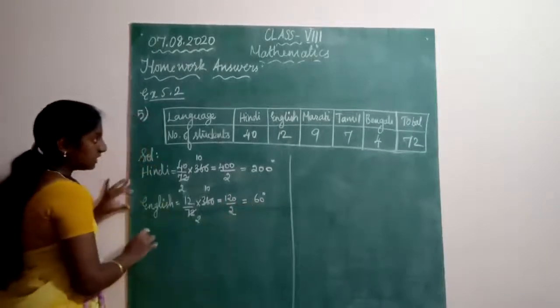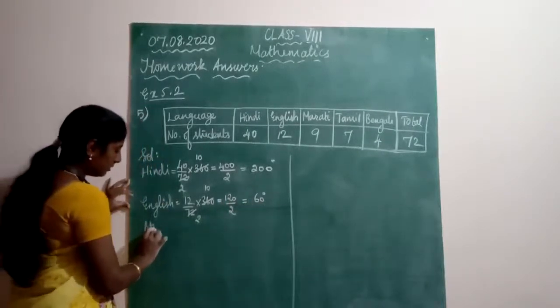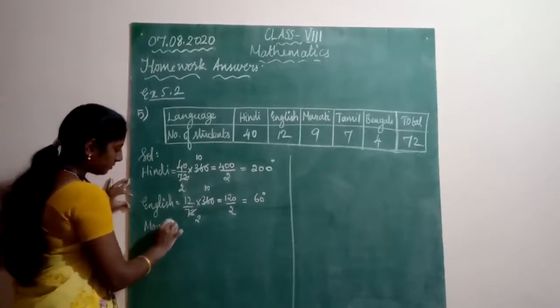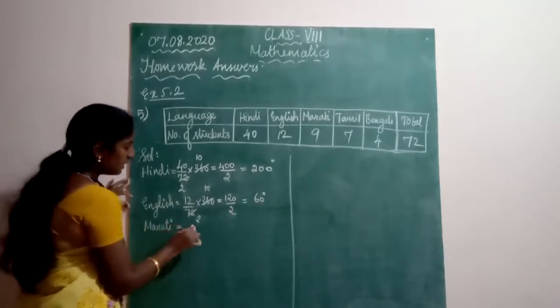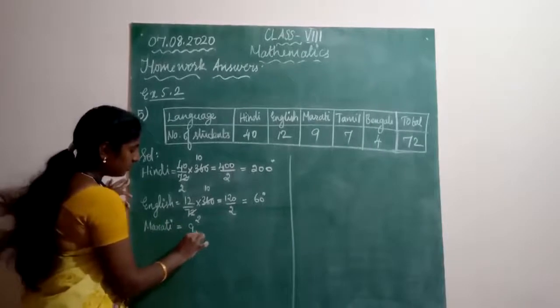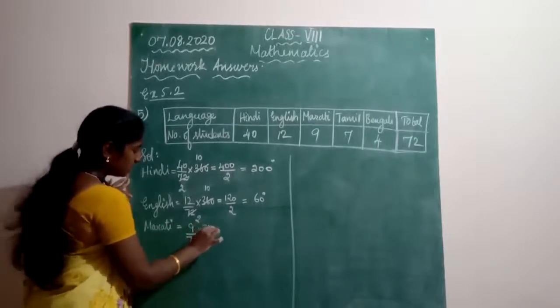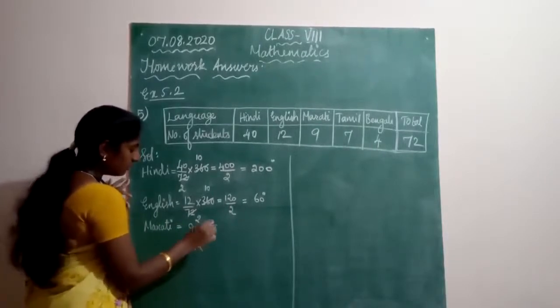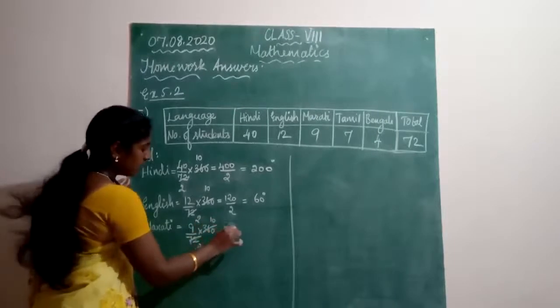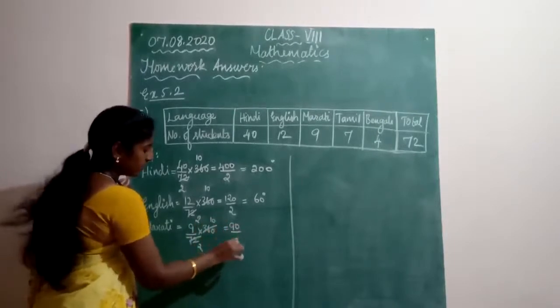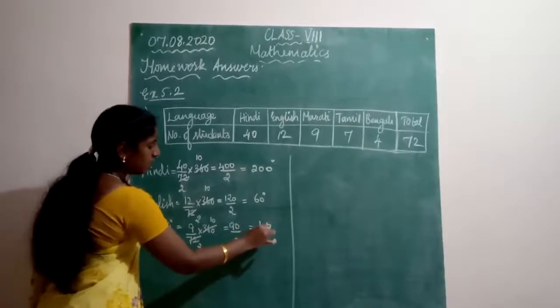Okay, next for Marathi, that is 9 by 72 into 360. So again cancel 2, 10. So 90 by 2, that is nothing but 45 degrees.